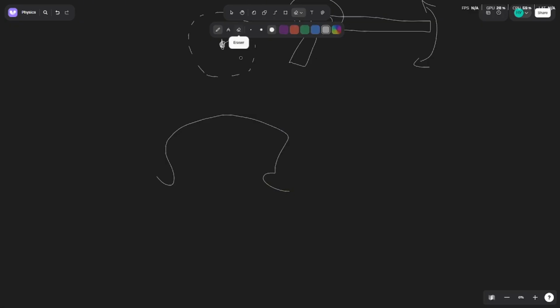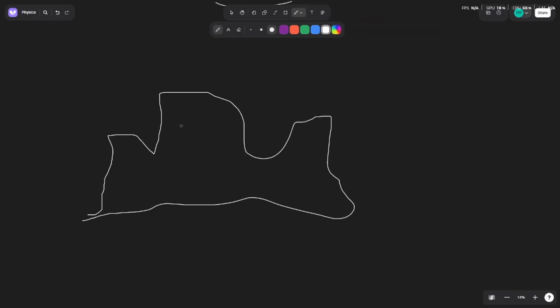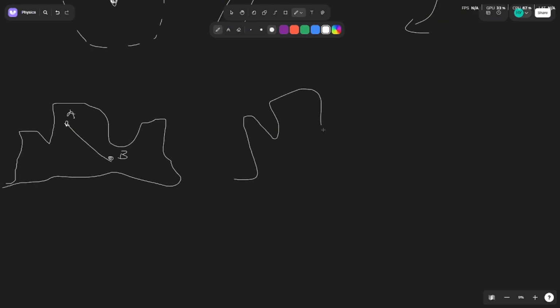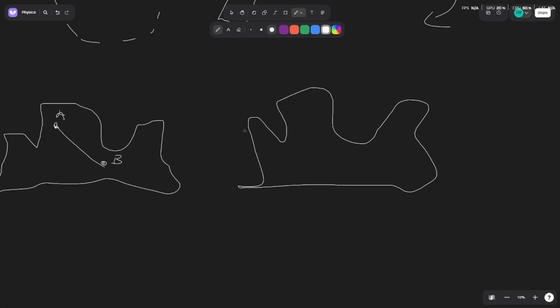We got some kind of random rock, and we got a point A here and point B. If we move this rock by 5 meters, the distance between point A1 and point A2 will be exactly 5 meters, just like with point B, it will be 5 meters too. So this is what a rigid body is.